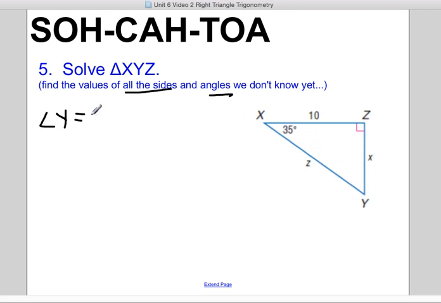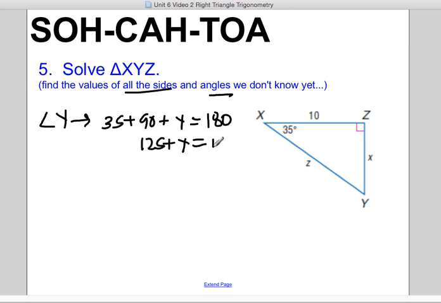So to figure out angle Y, I would take 35 plus 90 plus Y, and that has to equal 180. If I take 35 plus 90, I get 125 plus Y equals 180.